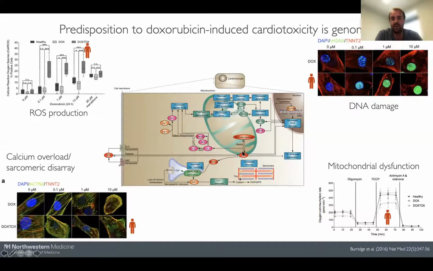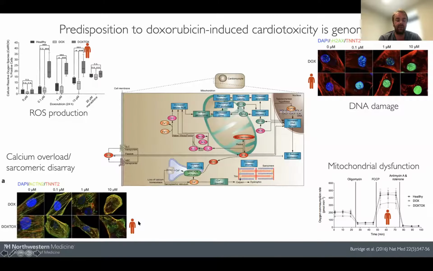There's also DNA damage involved. We showed that for patients who had toxicity, they have DNA damage at a lower dose of doxorubicin. There is, as you just saw from Javier's talk, calcium overload, so essentially mishandling of calcium that then leads to damage to the sarcomeres, so sarcomeric disarray, which you can see here.